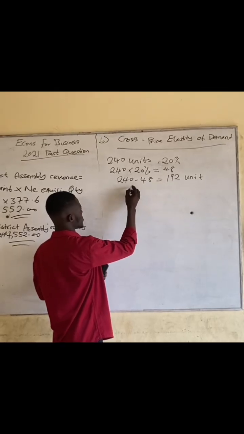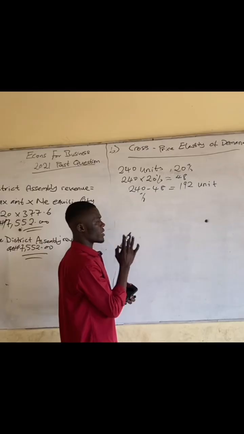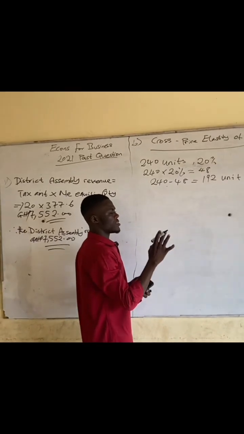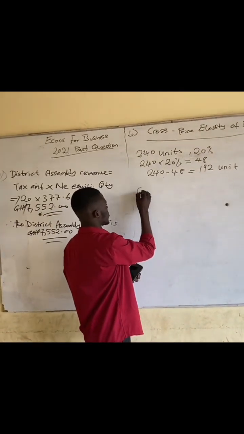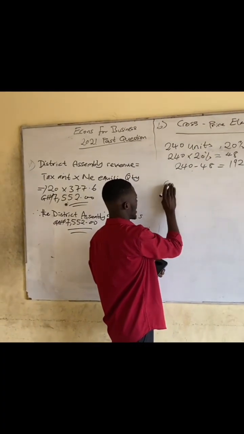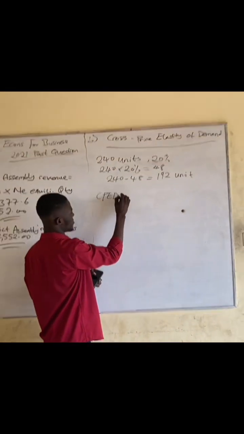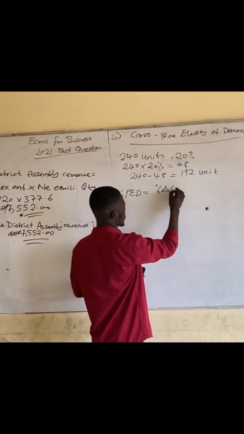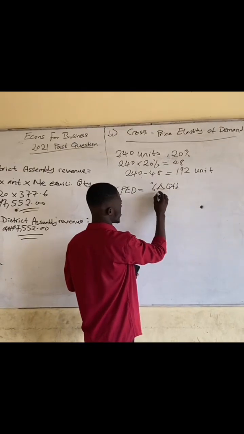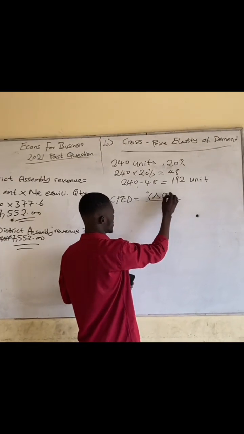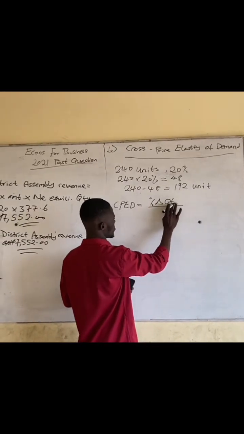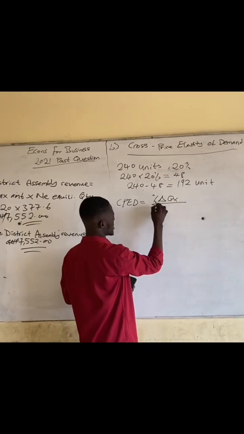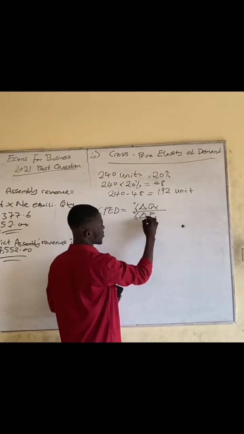So the percentage, rather. But before I go to this, you see cross elasticity of demand is always solved as: cross price elasticity of demand is equal to percentage change in quantity x over percentage change in price y, like this.